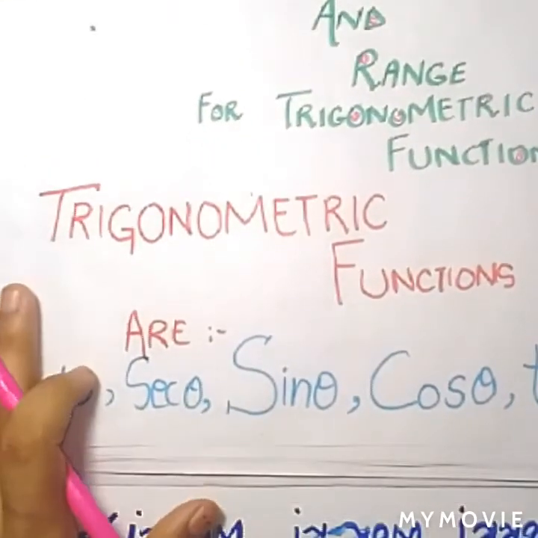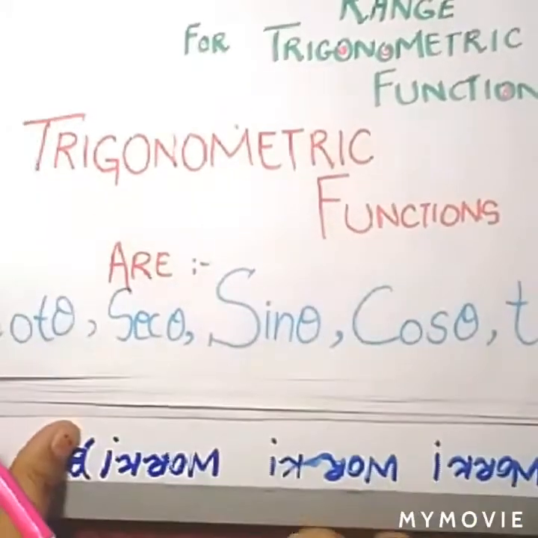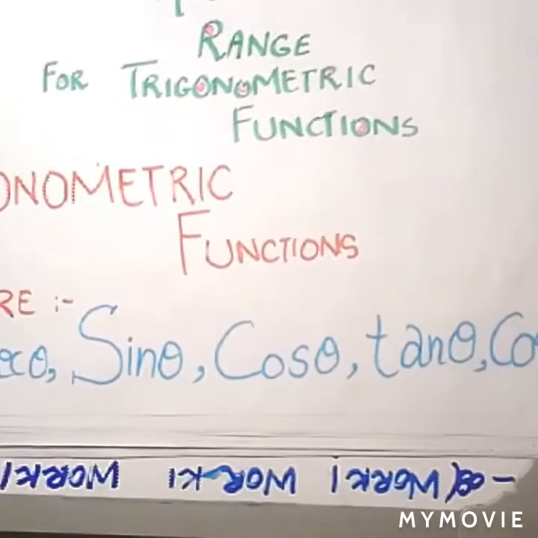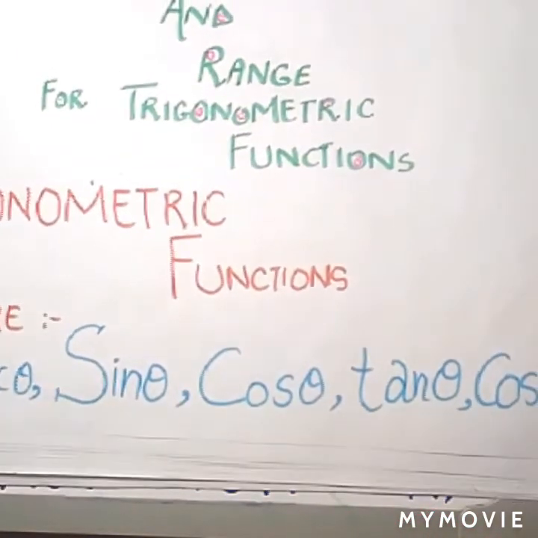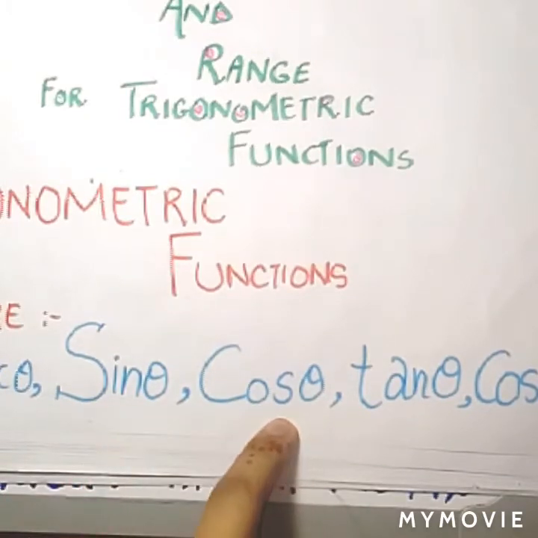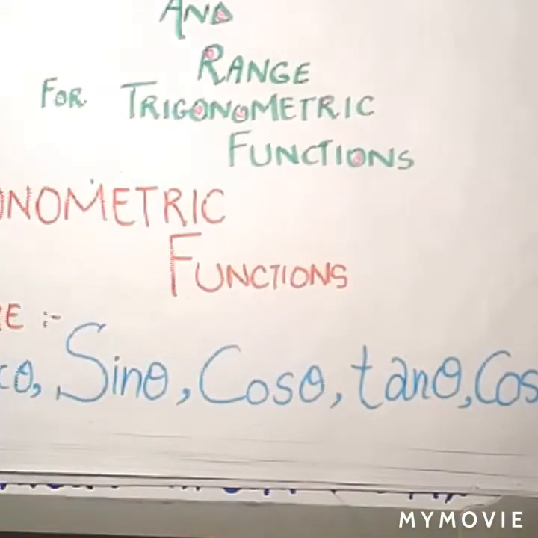Trigonometric functions are, as we know, six functions: cot theta, secant theta, sin theta, cos theta, tan theta, cosecant theta. In these functions, sin theta and cos theta have their reciprocals, cosecant theta and secant theta respectively.